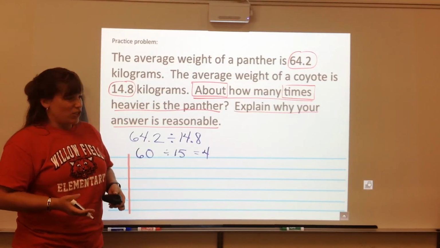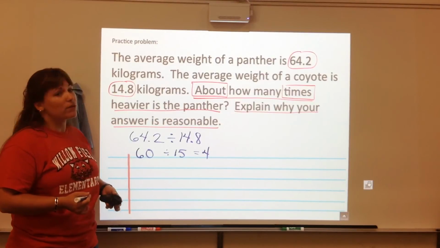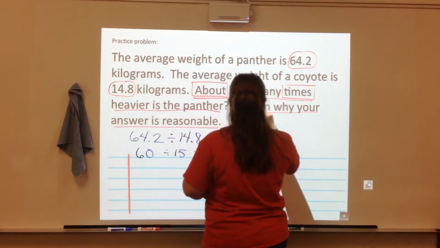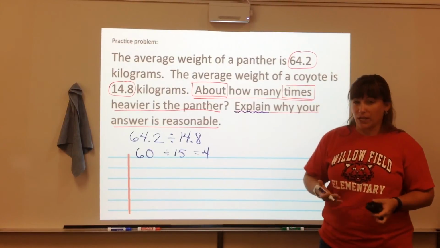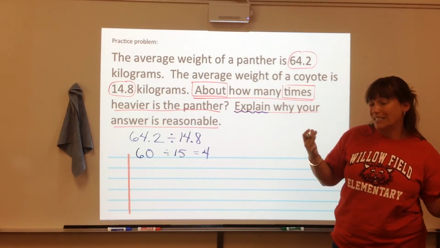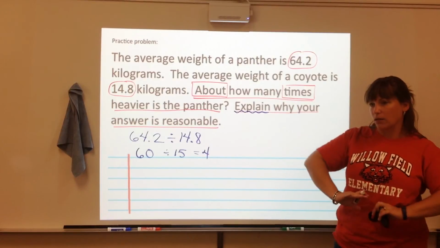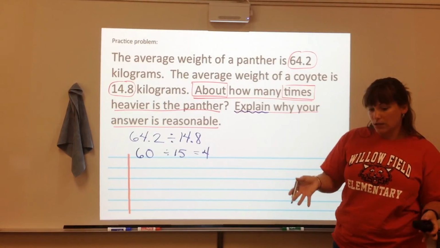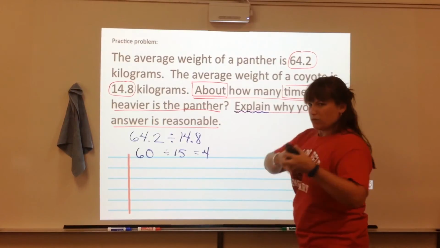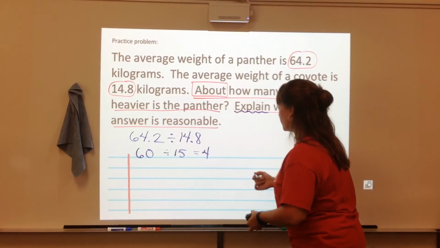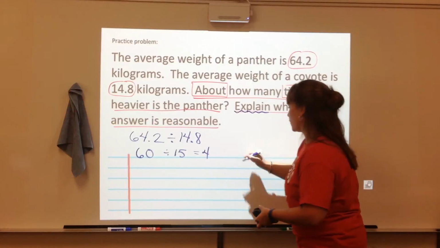Now with the explanation part. Whenever you see the word explain, you need to write something of an explanation, a sentence. So here's an example of what you could write. There are lots of different ways to say this. There's only really one way to say this, but you could vary it a little.